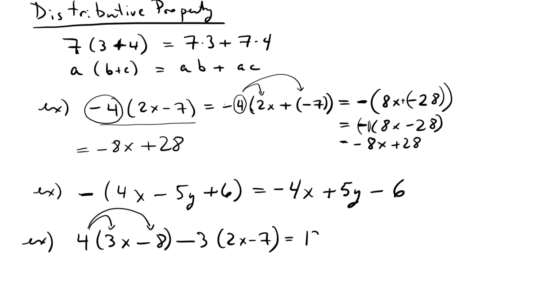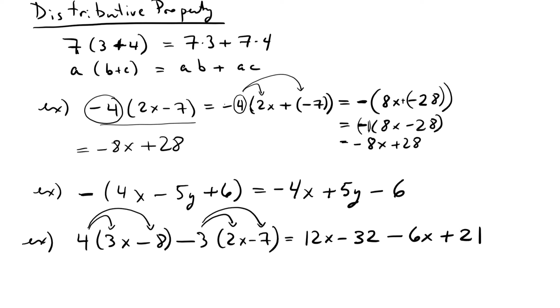So that's going to give me 12x minus 32. And then minus the 3, I'm going to distribute it, right? So minus 3 times 2x, minus 6x, minus 3 times minus 7, plus 21, like that.